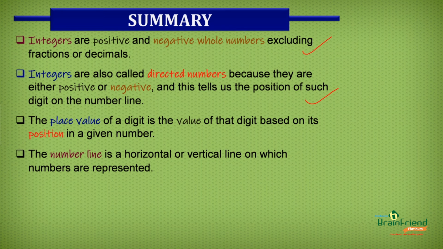Furthermore, we learned that the place value of a digit is the value of that digit based on its position in a given number. And lastly, we learned that the number line is a horizontal or vertical line on which numbers are represented.